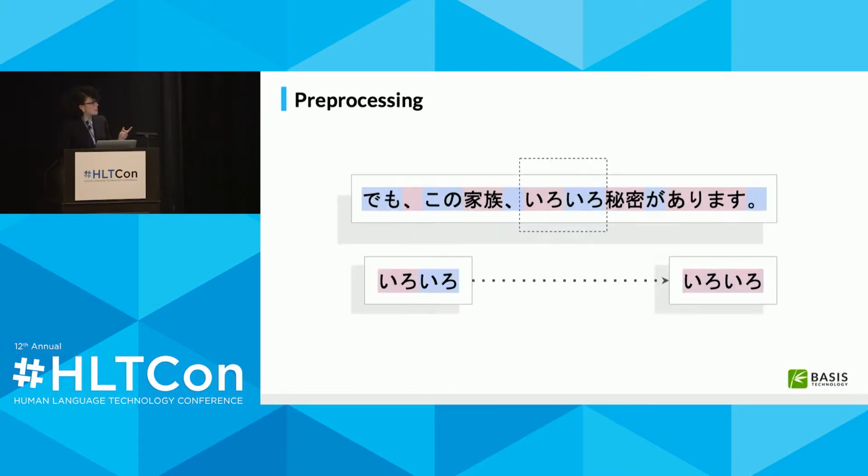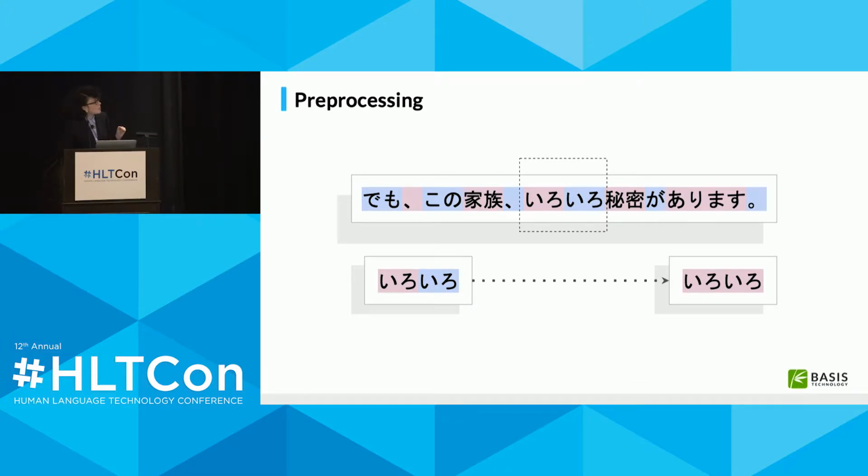So in this case, I'm going to show a little bit of what those mistakes can look like. This is a sentence from a movie review in Japanese, and it says, but this family has various secrets. And the word in the box here means various.